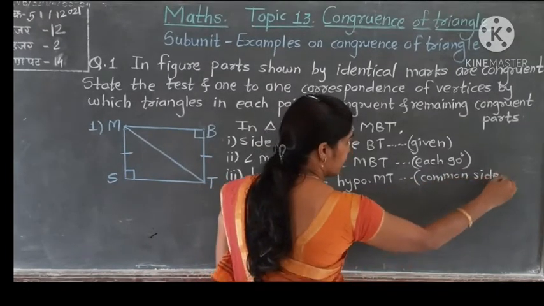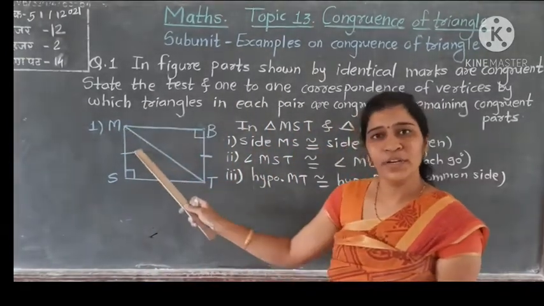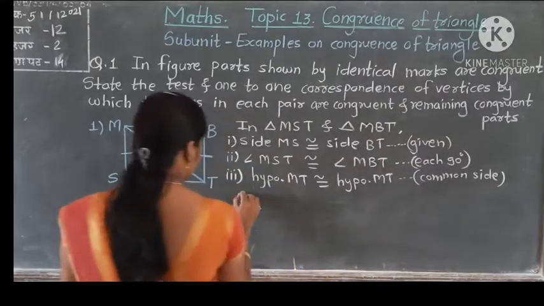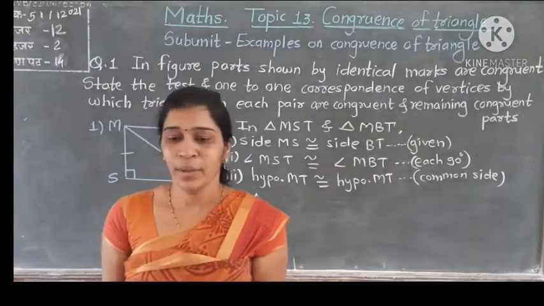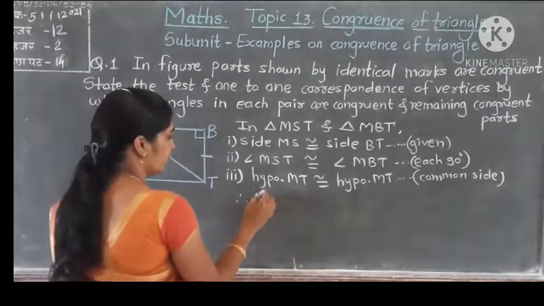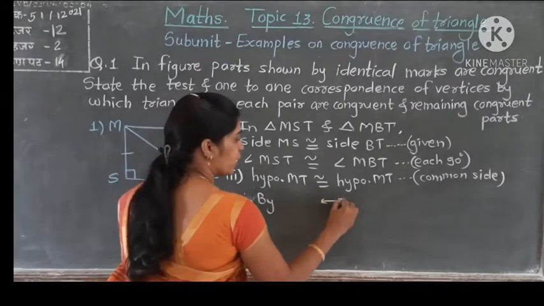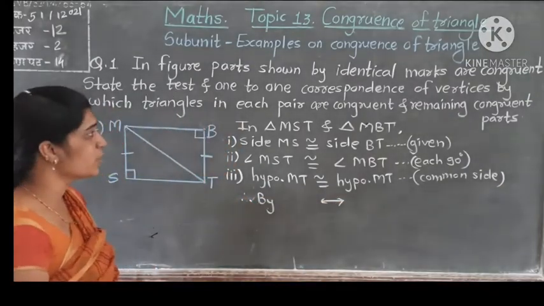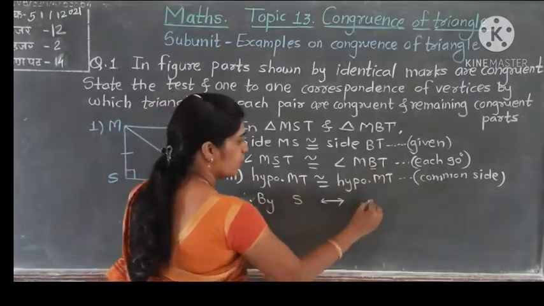It is in both triangles. See, in both triangles MT is common, so therefore these two triangles are congruent. By which correspondence do we write? Therefore, we have to write the one-to-one correspondence. What is the correspondence? See here, S corresponds to which one? B.